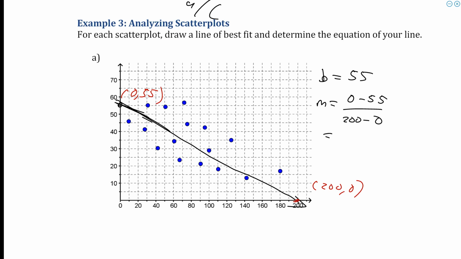If only I could just fudge that and call it 58, that'd be nicer. Negative 55 over 200, which is negative 11 over 40.